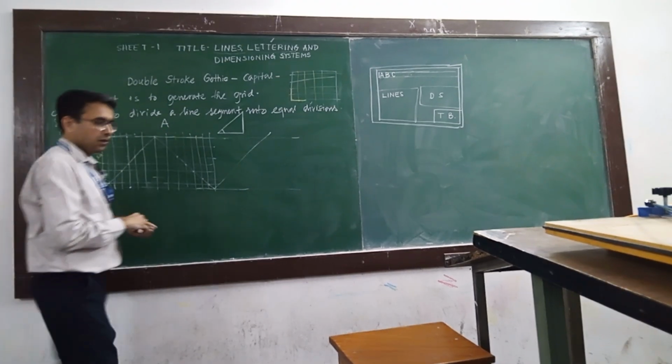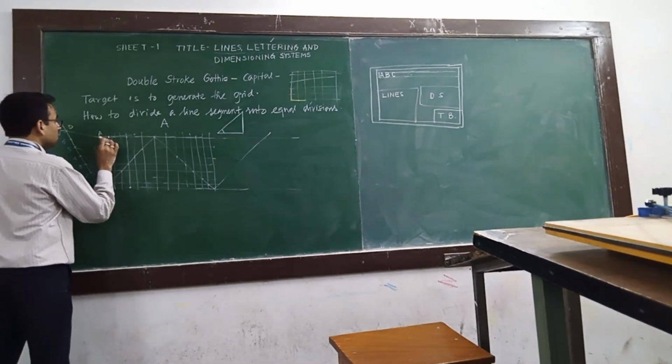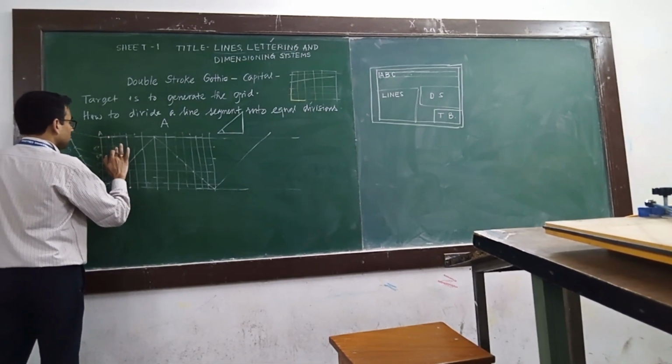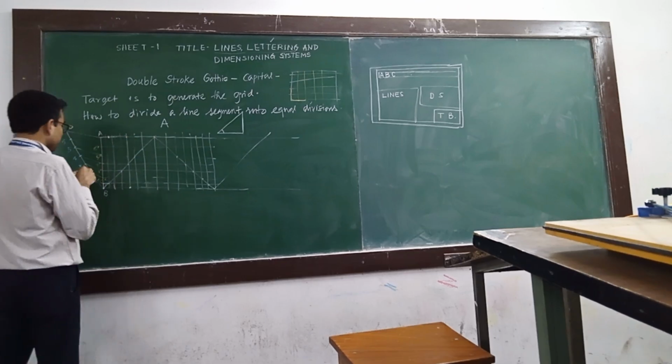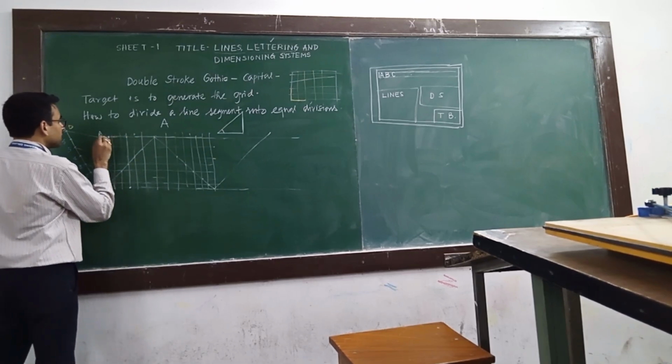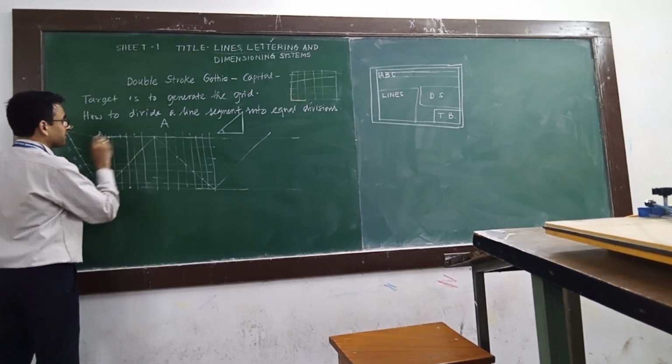Can you see? Yes, this is line segment 1, this is line segment 2, this is line segment 3, and this is line segment 4.